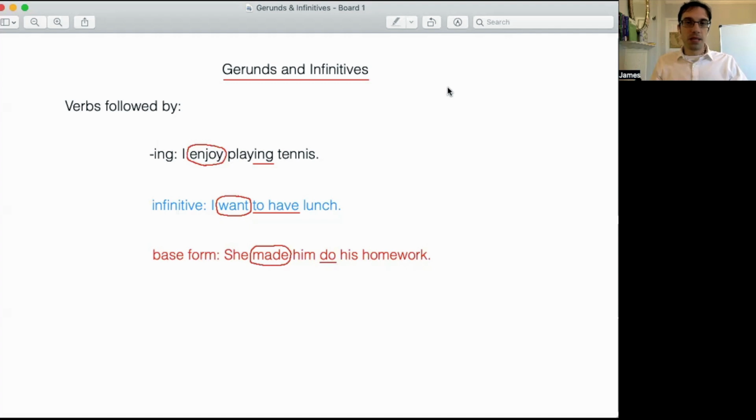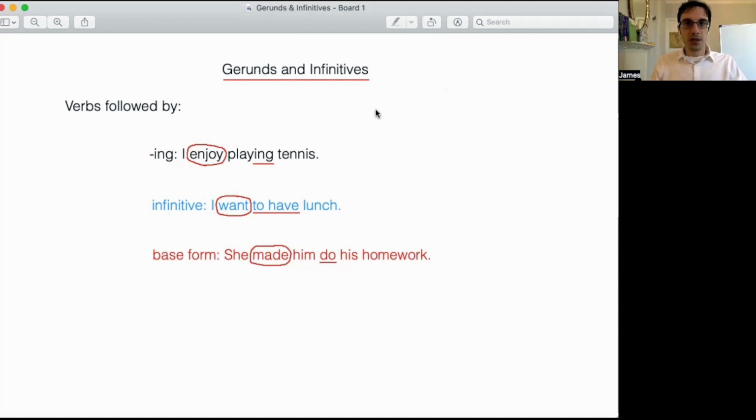Now, this becomes a little bit more complicated when you add another verb, okay? In some languages, it's quite simple. The second verb doesn't change too much when you use it. However, in English, it can change quite a few times depending on the first verb, okay? Or the first word or phrase.